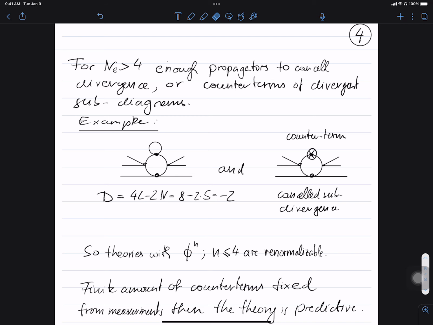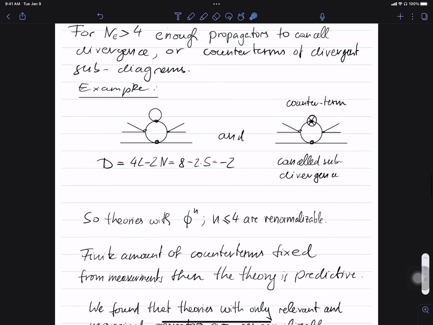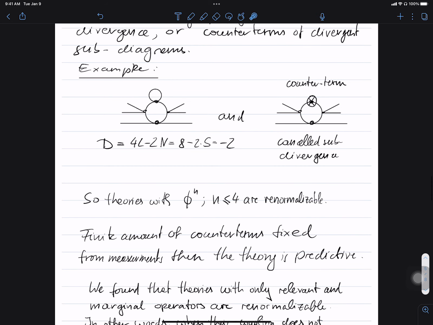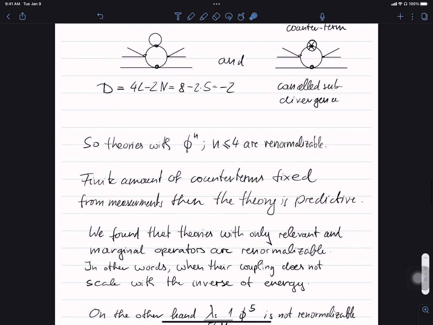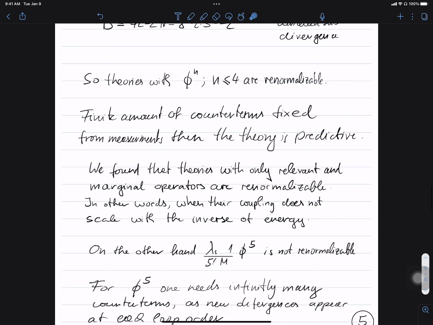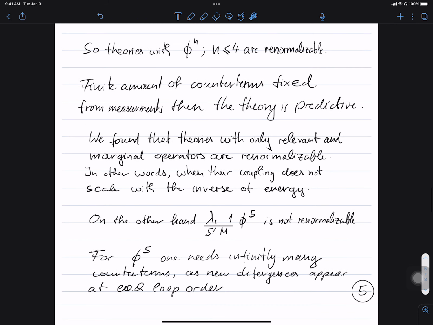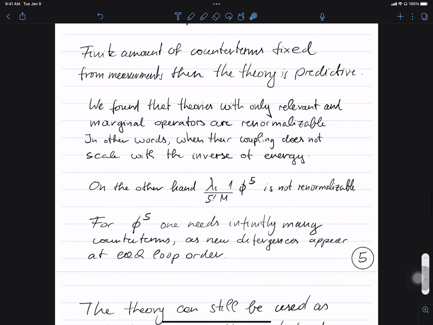So this diagram is again finite because this subdivergence is cancelled by, for example, the term that goes like d mu phi d mu phi, or the m squared phi squared would be the term that cancels the divergence in this subdiagram. So this theory with phi to the 4 is healthy. And it is healthy and predictive since we only have to perform a finite number of measurements.